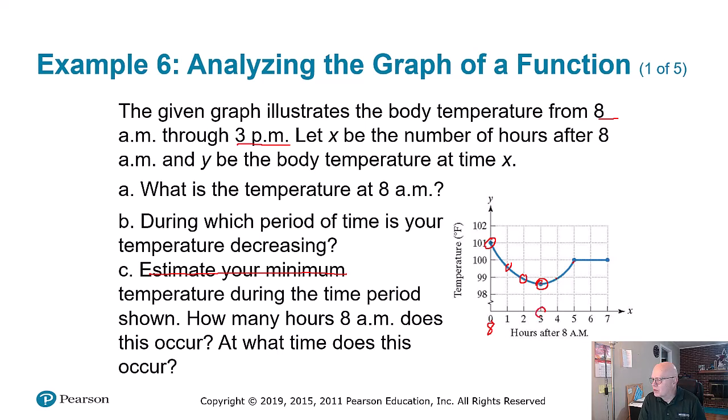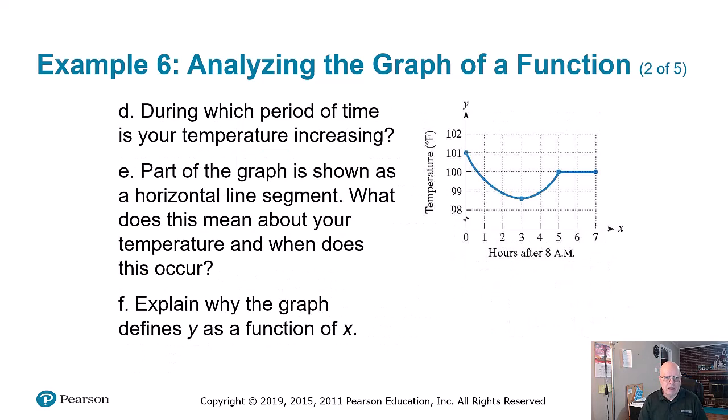Well, 3 hours. 3 hours after 8 a.m. During what period of time is the temperature increasing? When is it going up? Well, here's the low point. It's going up until it hits 5 hours after 8 a.m. And there's your most increasing. From here to here, the temperature is going up.